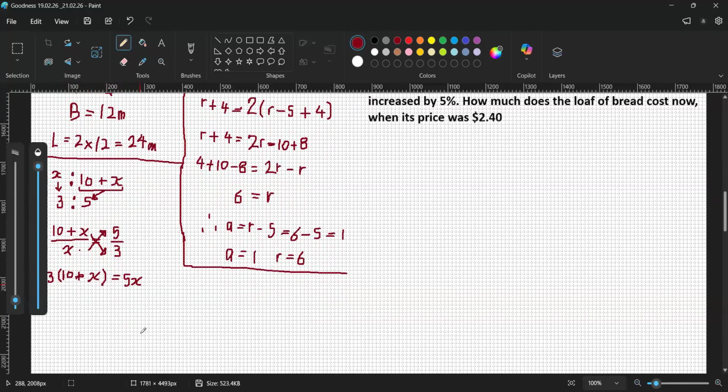Okay, so are you ready? We'll take 3 into that bracket. So what will happen on the left hand side? That will be 30 plus 3x. Yeah, correct. 30 plus 3x equals 5x.